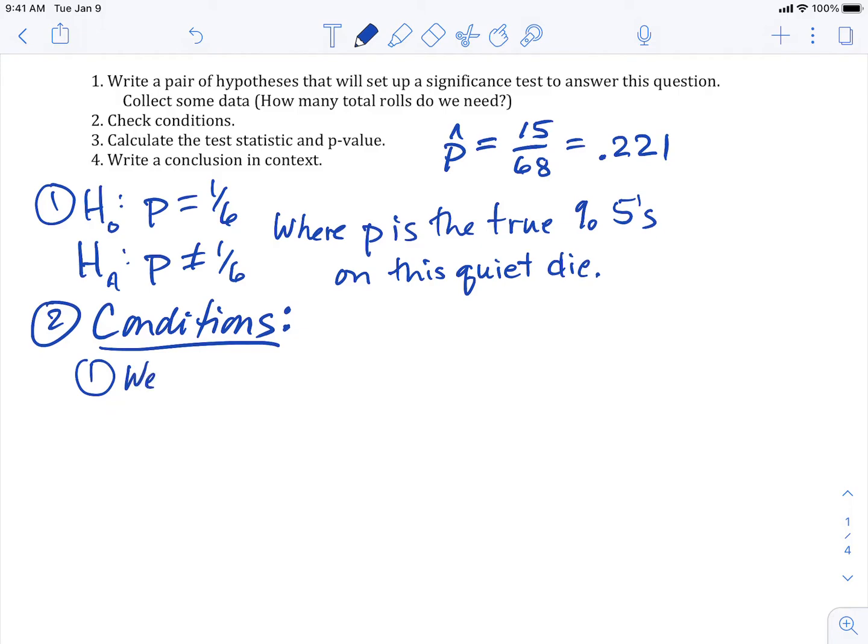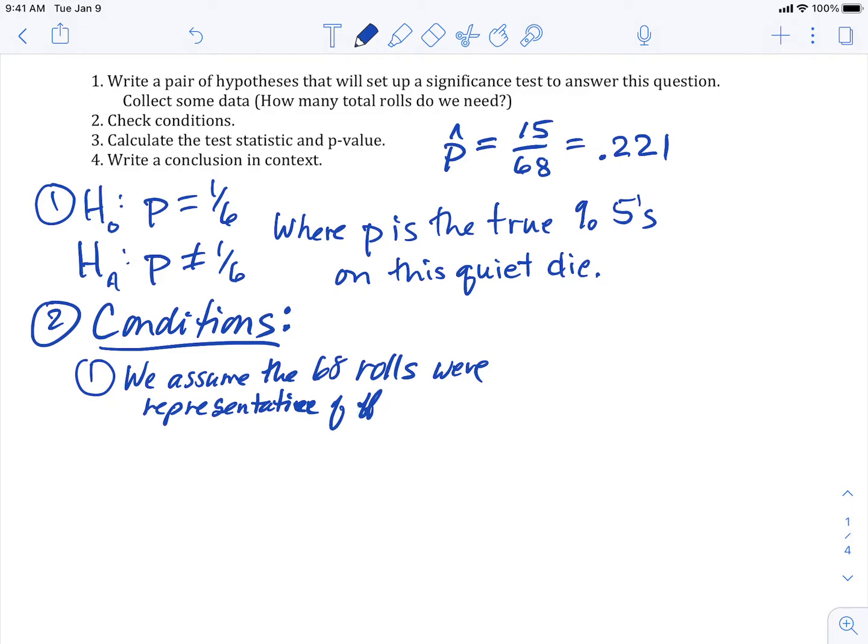We assume the 68 rolls were representative. That would be a nice way to say it. We know they're not random. It's not really a random sample. We'll assume the rolls were representative of all possible rolls.